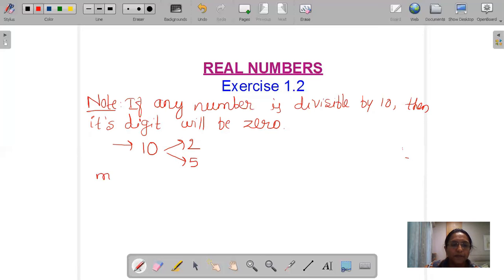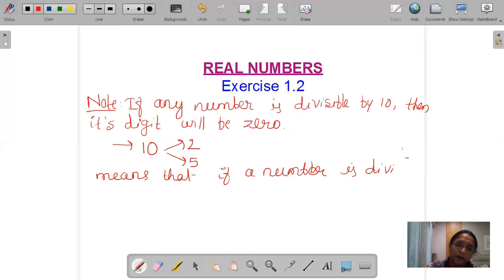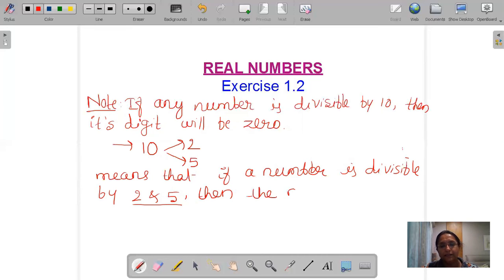This means that if a number is divisible by 2 and 5, both the numbers, not only one number, 2 and 5, then the number has 0 in its last digit.